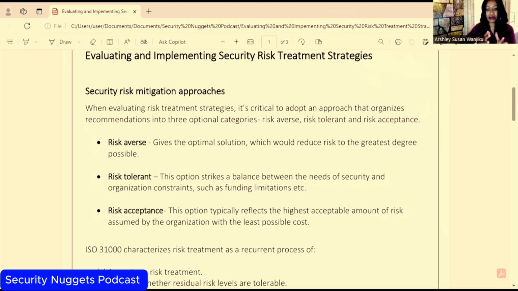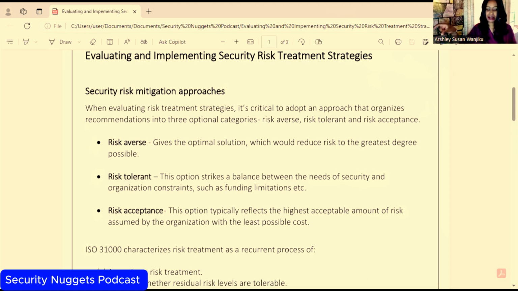Because one of the most important security principles that every security professional knows is that when it comes to mitigating, there should be a balance between the cost of mitigating and the risk, okay? Neither should outweigh the other.